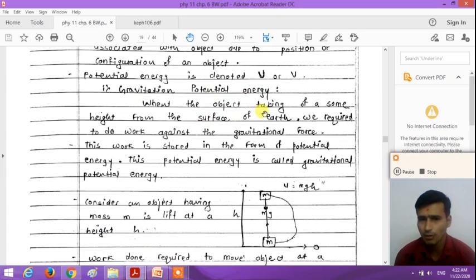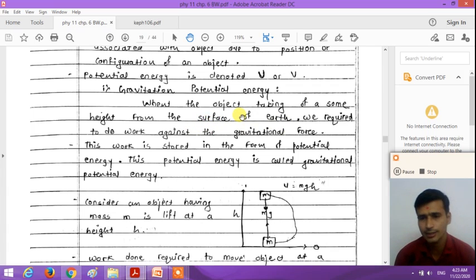When an object is taken to some height from the surface of the earth, we are required to do work against the gravitational force. Dear student, whenever we throw an object upward, or take an object from the earth's surface to some height, we do work against the gravitational force, and this work is stored in the form of potential energy. This potential energy is known as the gravitational potential energy.